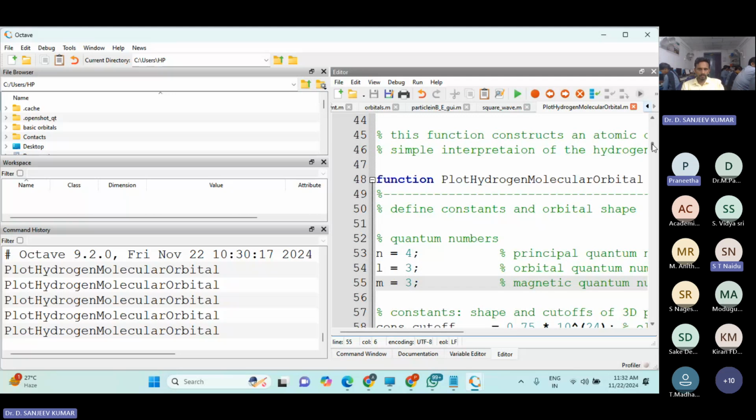So at this level, we take a break for 10 to 15 minutes. We'll come back by 11:45.